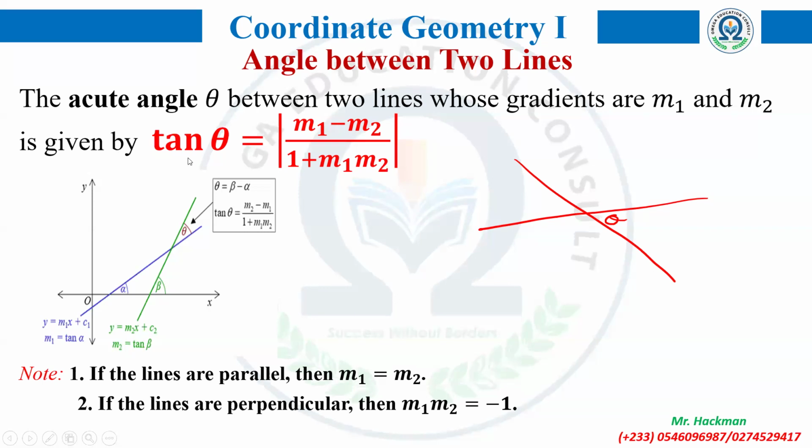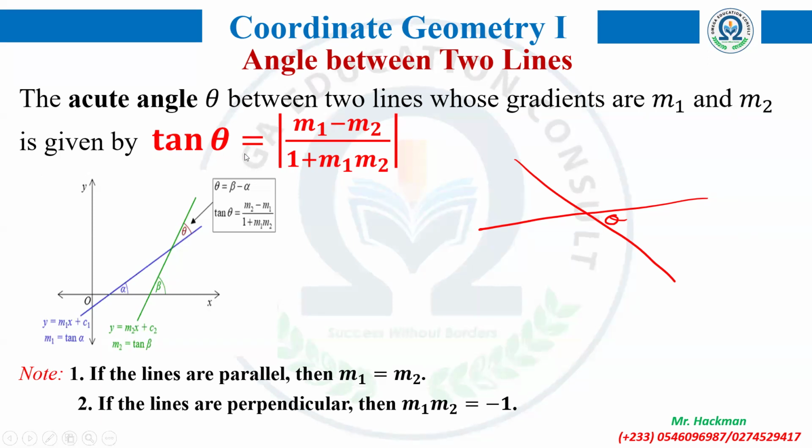is given by tan theta is equal to, so there's a formula that you need to know. When you do trig, that's where tan will come in, and you will prove this formula there. But for now, you just need to know how to put the formula and use the formula. As simple as that.